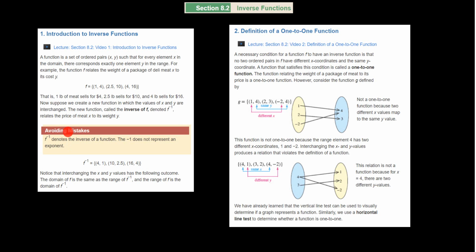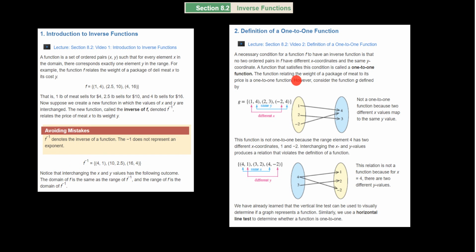It is an established notation that if we raise a function to a negative 1 power, it just means inverse function. Now, for exponents or honestly just any numbers, it's clearly defined that if you raise those to a negative 1, then yes, it is a negative exponent. But if we are denoting a function's name raised to a negative 1 power, that just means the inverse function.